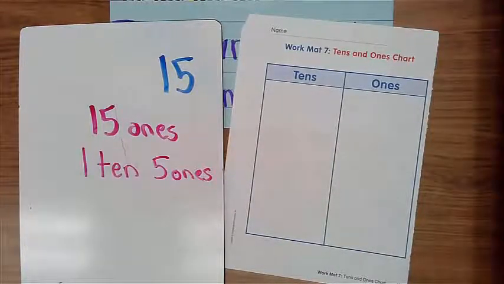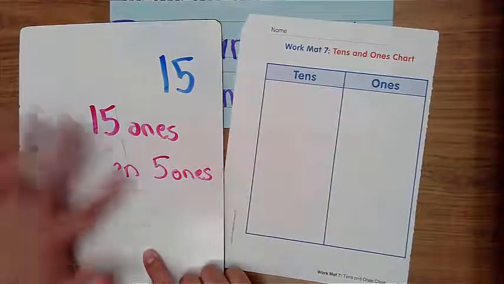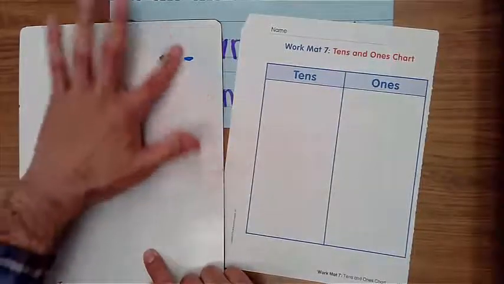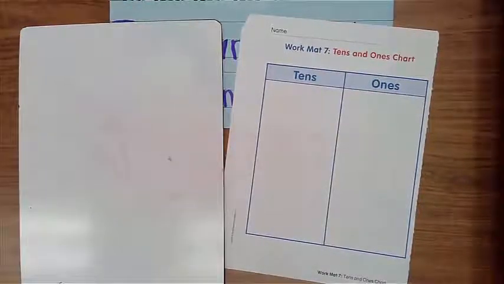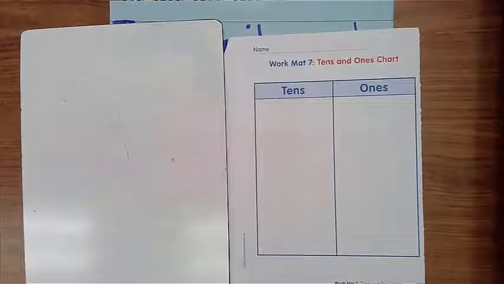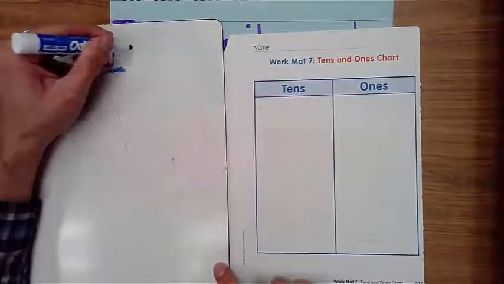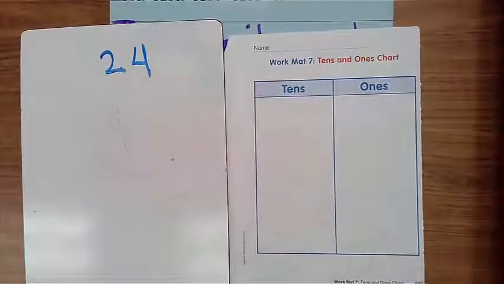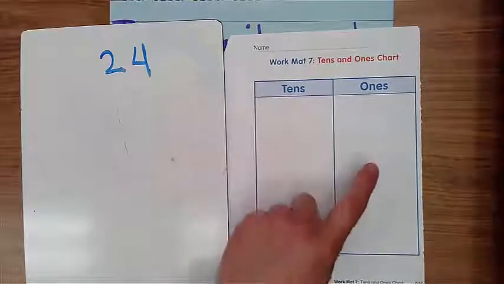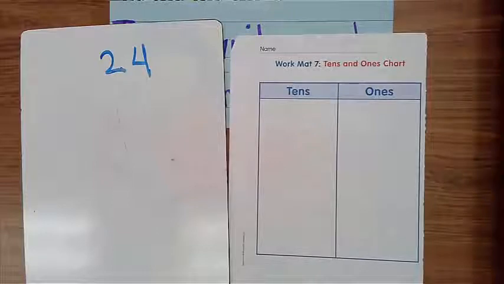Okay, so let's try a different one. What if we have the number 24? You could do this with me at home. We could put 24 blocks in our ones spot, so we're going to put 24 ones.